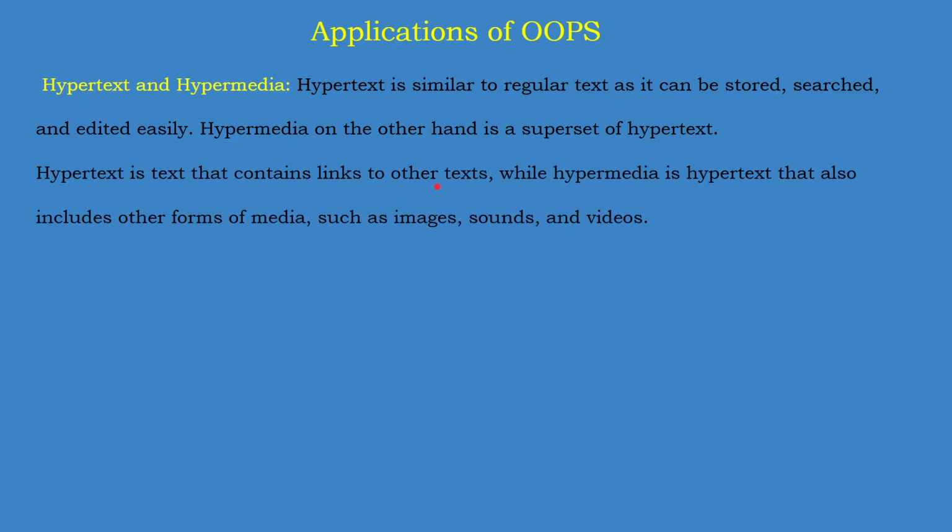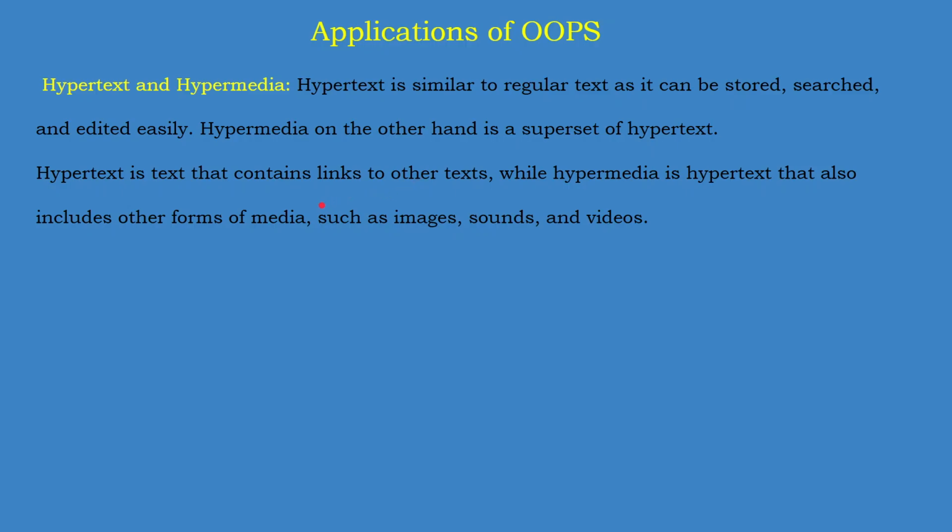So what is hypertext? It is text that contains links to other text, while hypermedia is hypertext that also includes other forms of media such as images, sounds, and videos. Normally when we browse any content on a website, we have many links to follow.